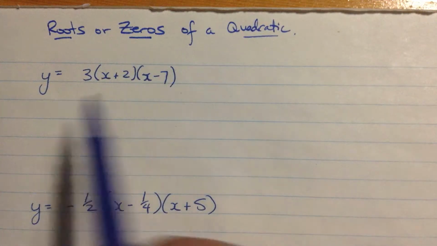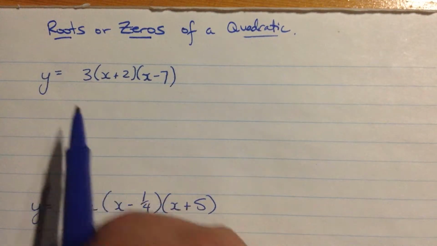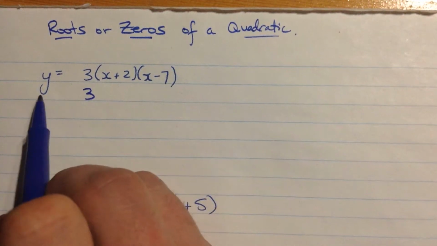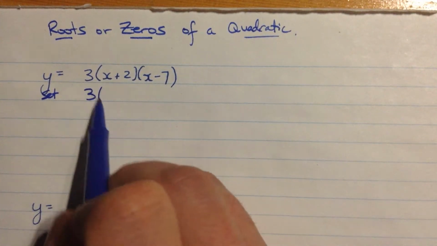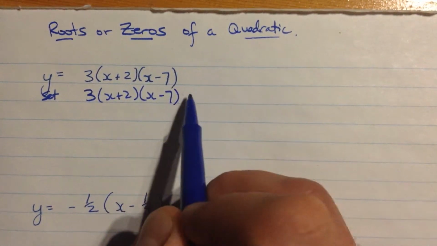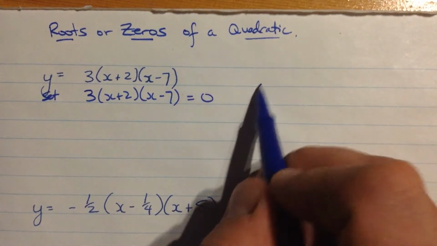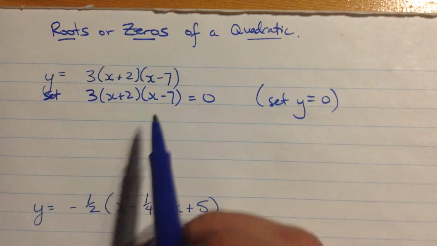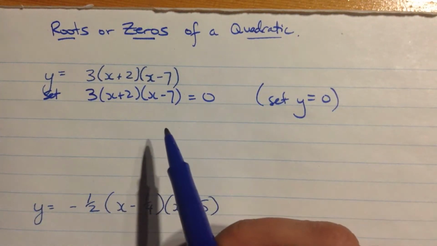So to find it, all we're going to do is say, well, what if y was 0? That means we're going to set 3 times (x plus 2) times (x minus 7) to be 0. That is, we're going to set y equal to 0. That's what we're doing there. And we're going to look for the places where that can happen.